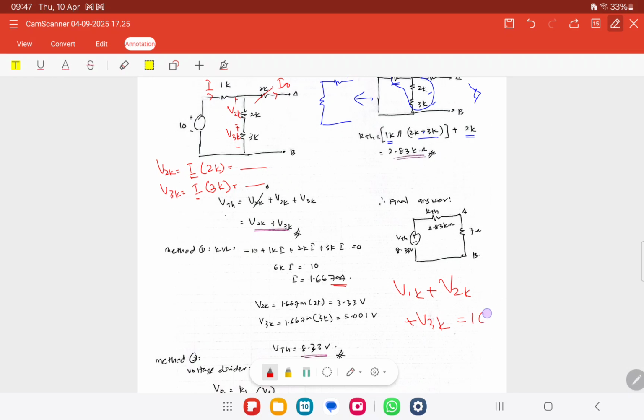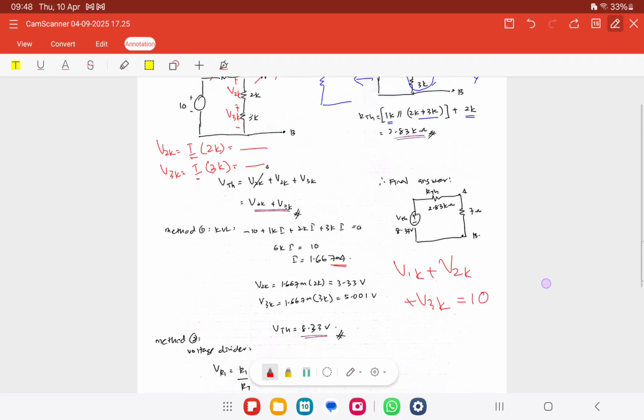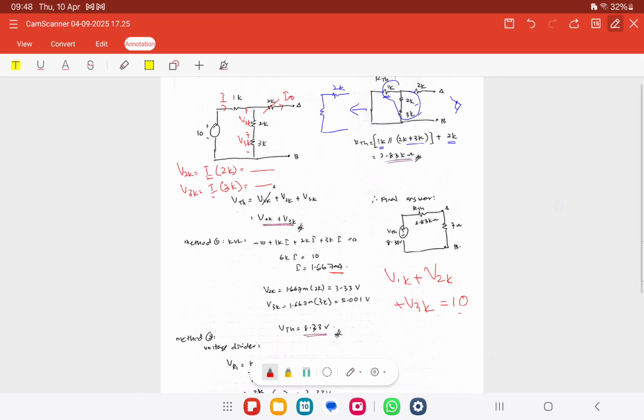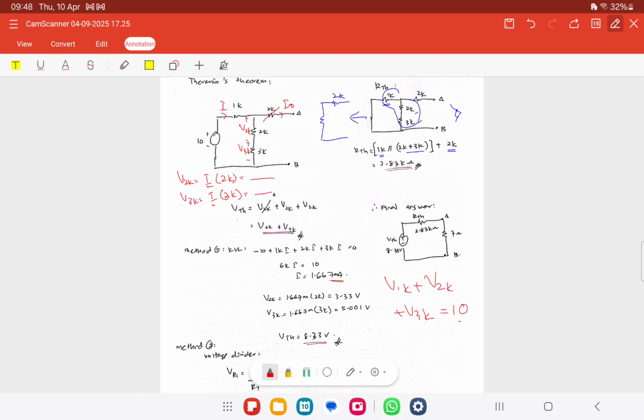Okay, V supply. So nak check, tambahlah semua V. Dapat tak dengan 10? So that is one method lah. 10 volt, sebenarnya sama dengan KVL tadi tu.